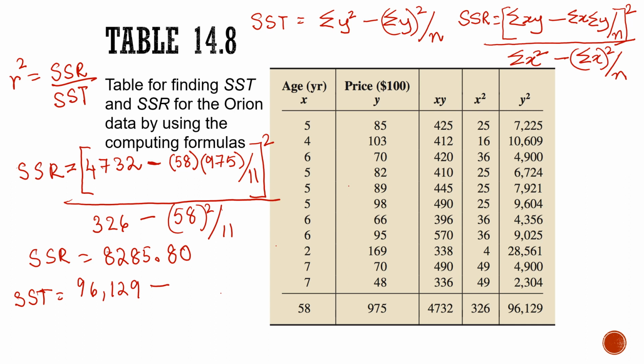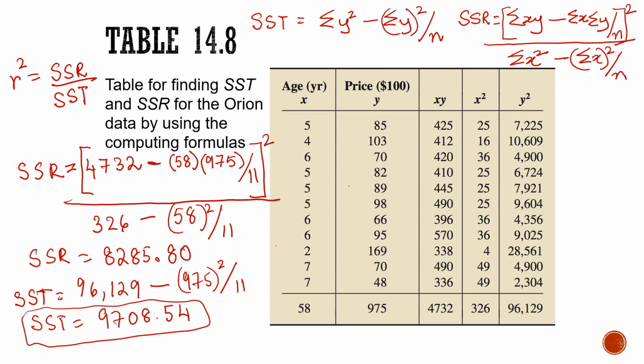So I'm going to write that 975 squared divided by 11. All right, and when we complete this calculation, we should come up with an SST value of 9708.54. So here we have our SST and SSR values.